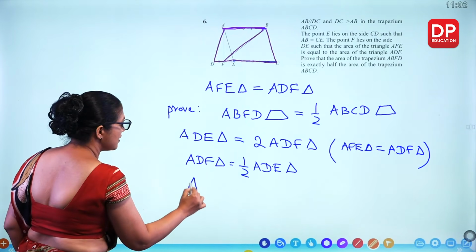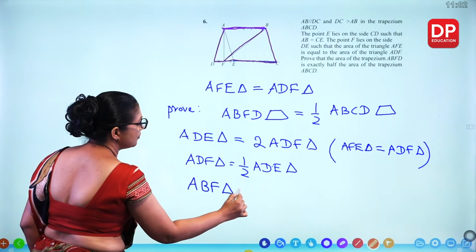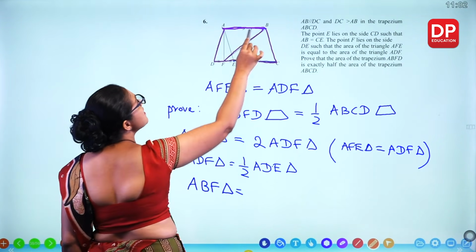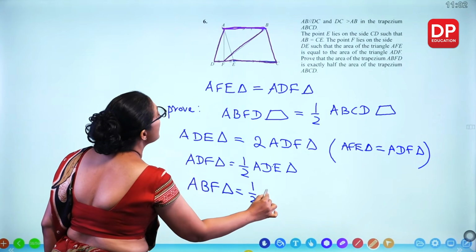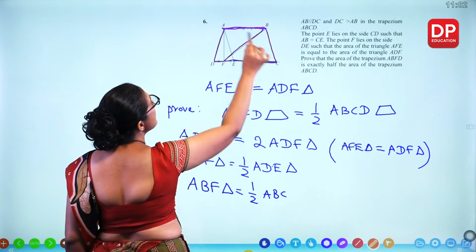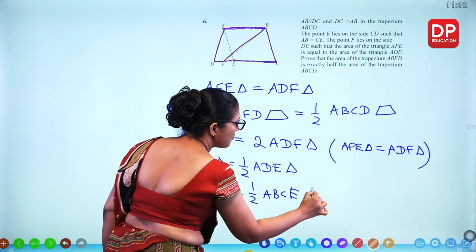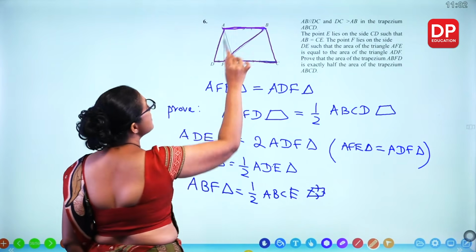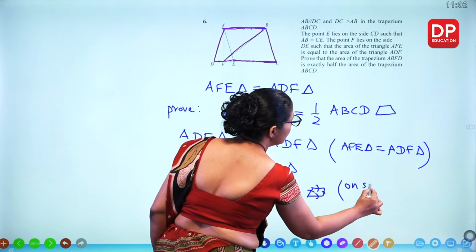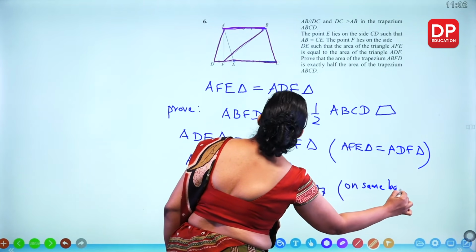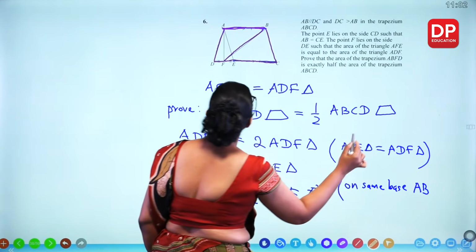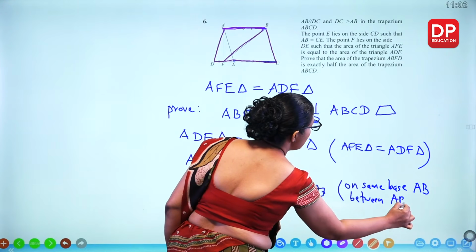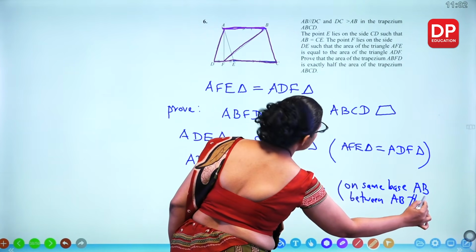What is ABF triangle? When we take ABF triangle, I can say this is half of ABCE parallelogram. Why? Because on the same base AB, and in between the two parallel lines AB and CD.